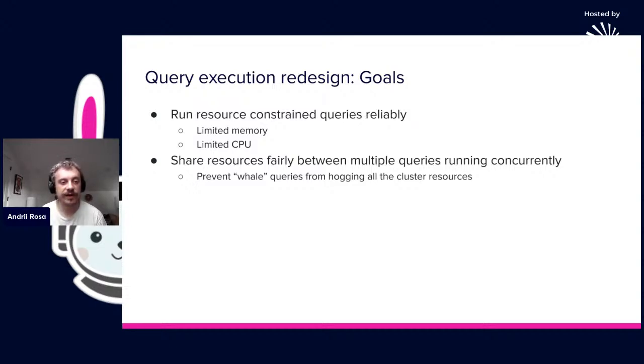The goal was to provide the necessary execution capabilities to handle queries of practically any size on a cluster with limited resources. We also wanted to provide resource management capabilities out of the box as part of Trino. Basically, the idea was that you submit your queries to us and we will figure out what to do, and you don't have to worry about overloading a cluster or anything else.